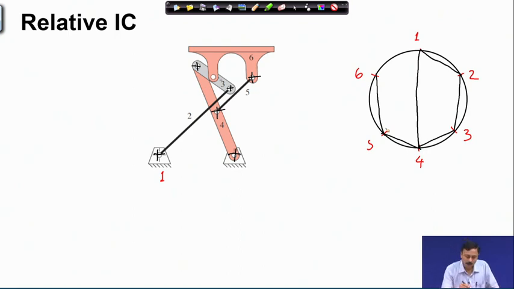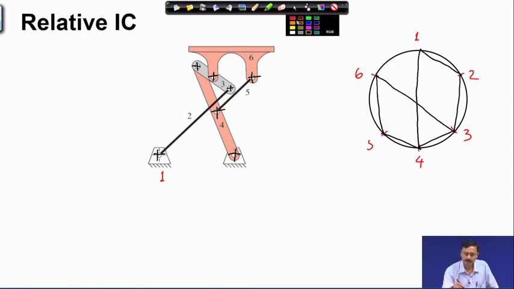I also know I 3 6. Suppose I want to know I 1 6.